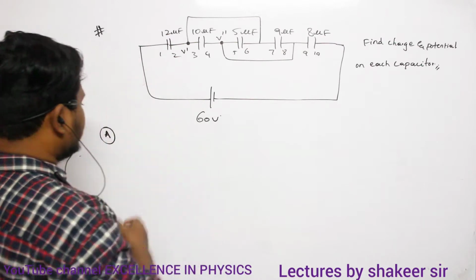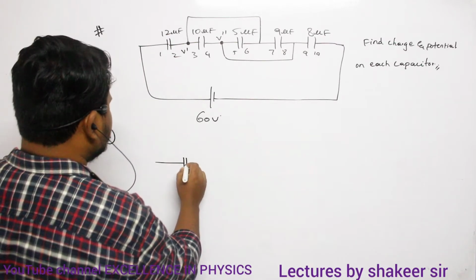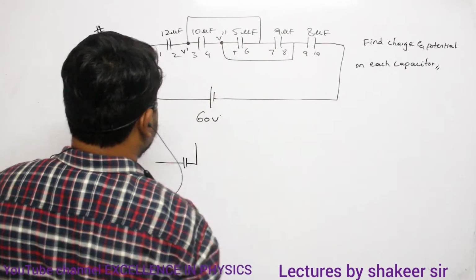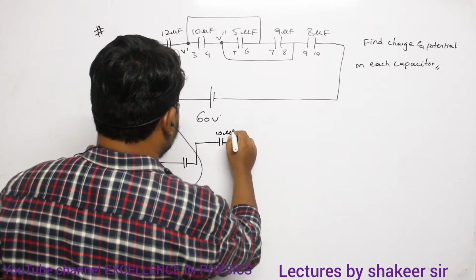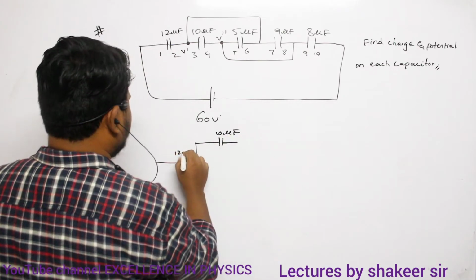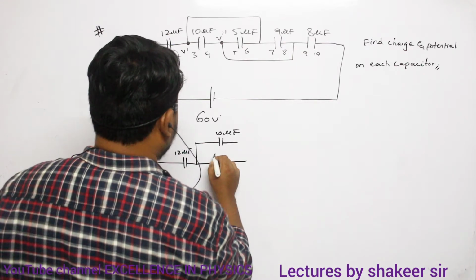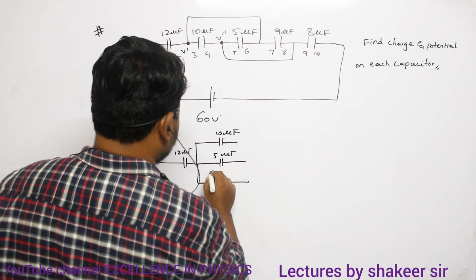So how can you redraw this circuit? I can redraw it like this. So this is 12. Then 1, 2, 3 capacitors are connected in parallel. So this one is 10 microfarads, this one is 5 microfarads, then this one is 9 microfarads.